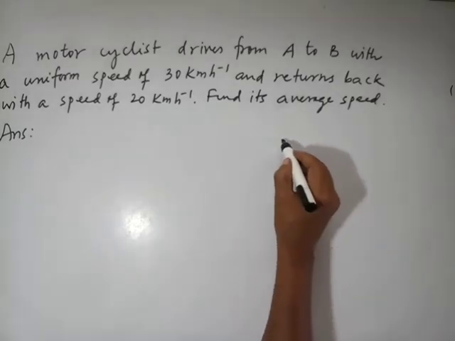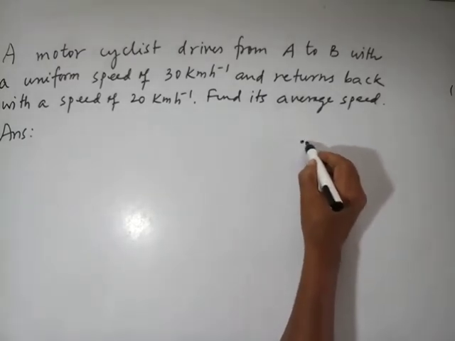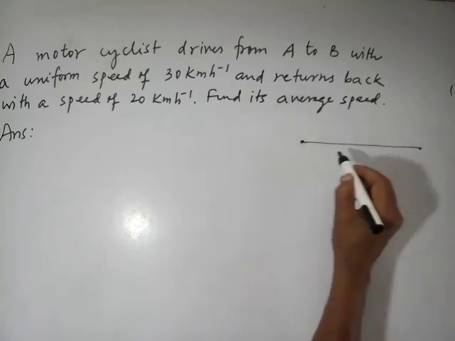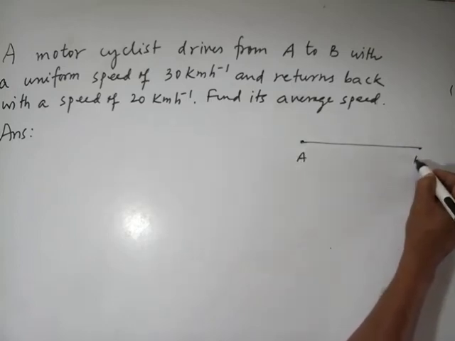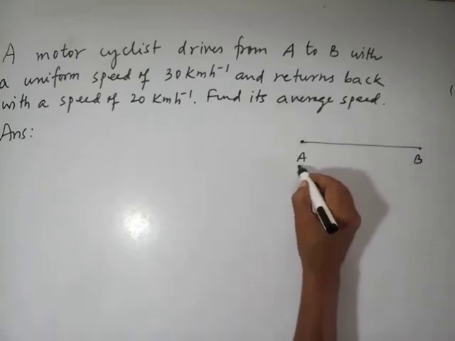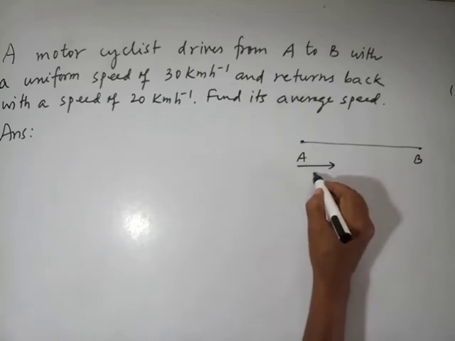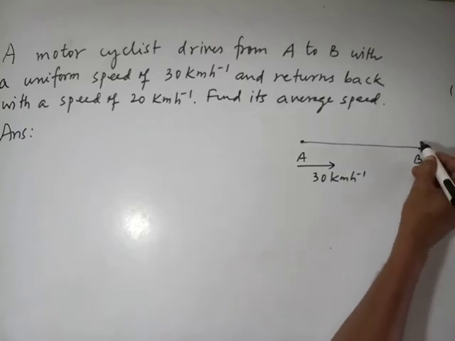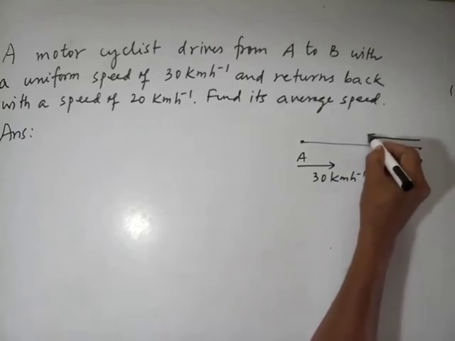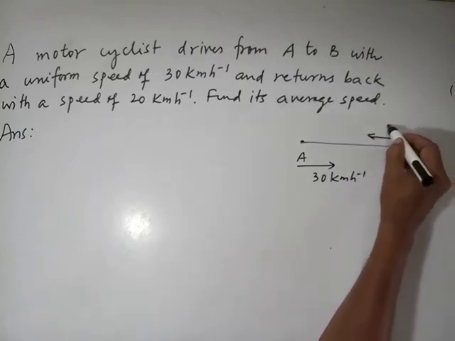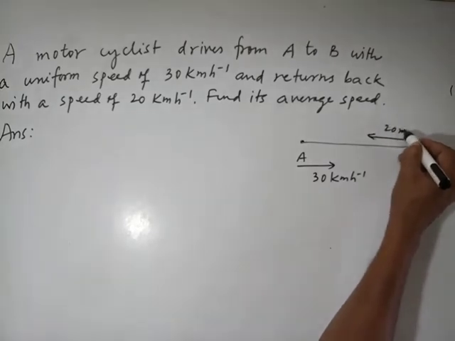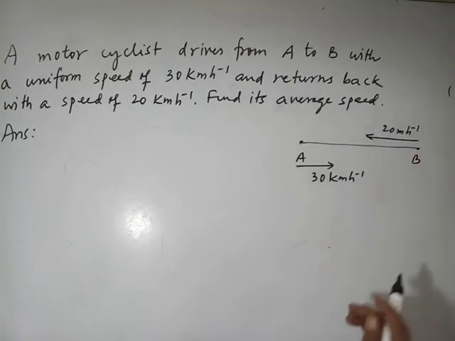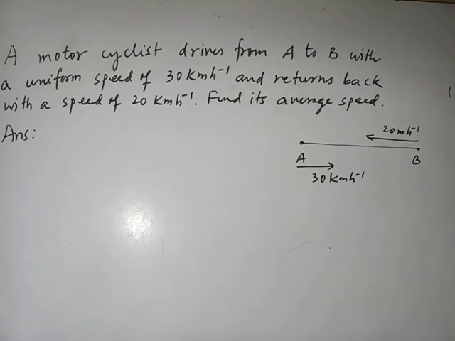Suppose this is point A and this is point B. It goes with a speed of 30 km per hour, and returns with a speed of 20 km per hour. Find its average speed.